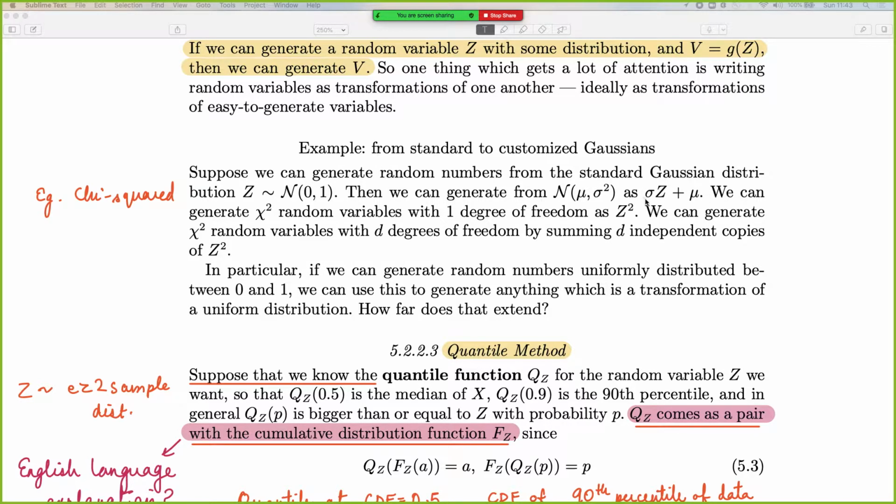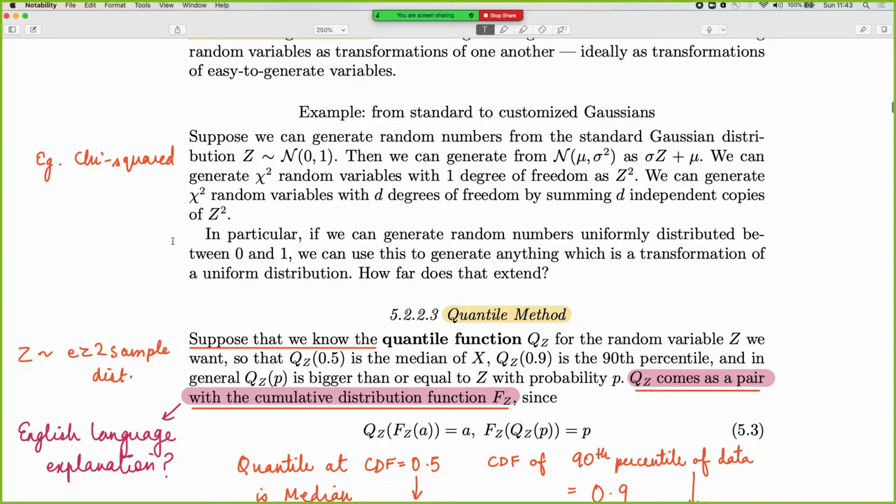Linear versus affine, we went over this. I don't remember which one to call this, linear or affine, I should look that up. But yes, we can generate chi-square random variables with 1 degree of freedom as z-square. We can generate chi-square random variables with d degrees of freedom by summing d independent copies of z-square, and so forth.